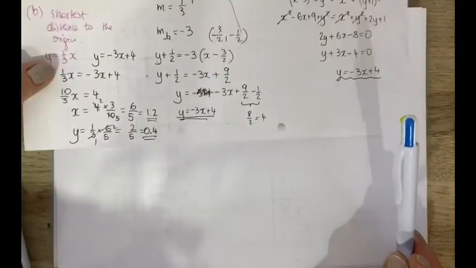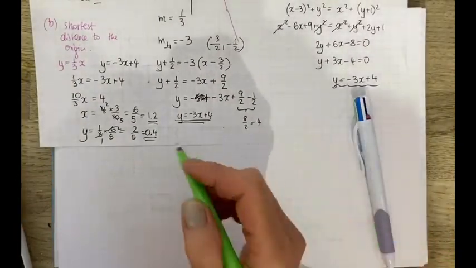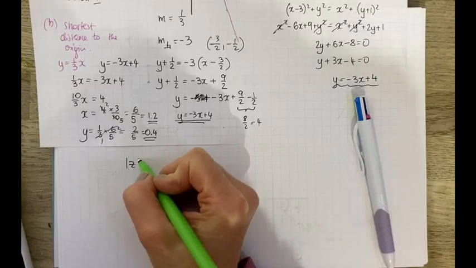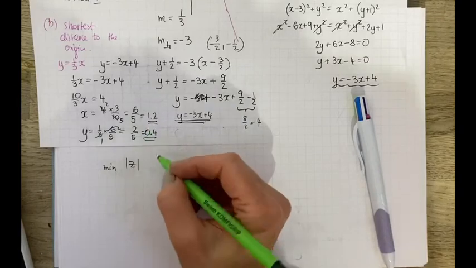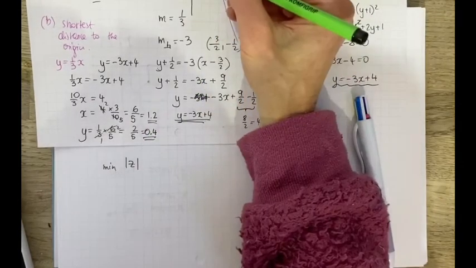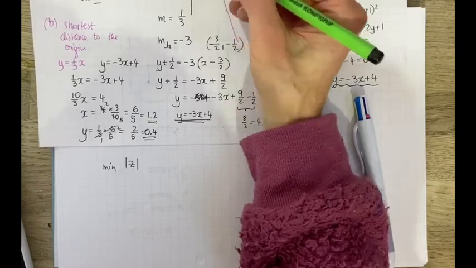So the final step is, I think it asked me for the modulus of z at its minimum. So we need to just find that distance. If this is 1.2 or 6/5, this is 2/5 up.